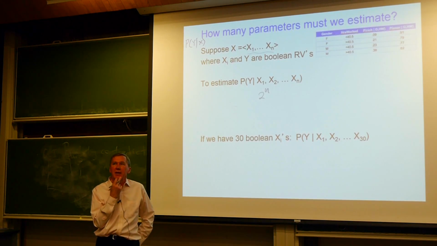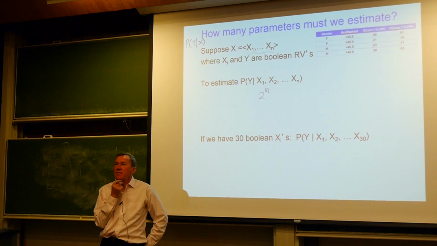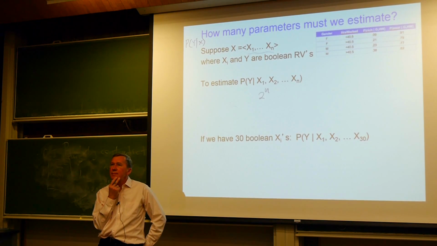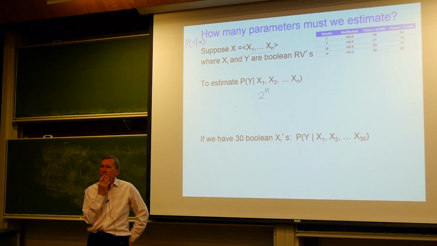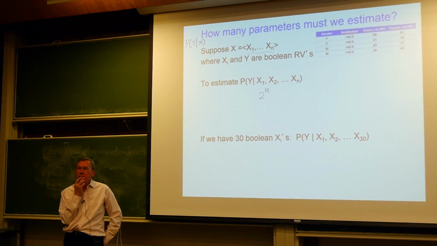That looks pretty good to me. Why? Each one of them can have 1 or 0 as a value, and then all together it will be 2 to the power of n of them, right?